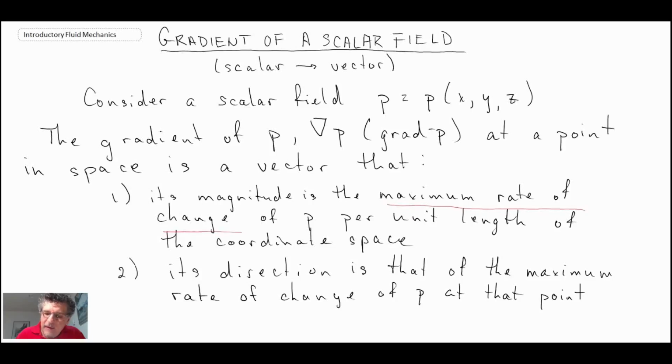And the second thing is that the direction of that new vector, grad P, is the direction of the maximum rate of change. So the magnitude is the maximum rate of change of that scalar in this coordinate system, or space. Let's take a look at that, and we'll draw out a little picture to help illustrate what we're talking about. But beginning, we have grad P.